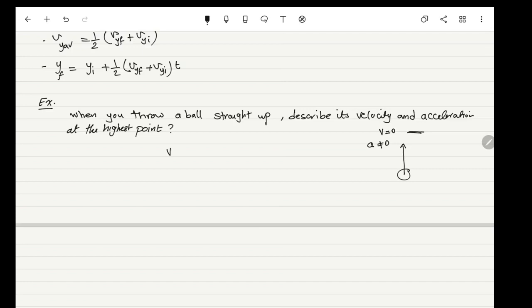So v at the maximum height equal to 0, and a in this case equal to 9.8 meters per second squared in magnitude, or a actually equal to minus 10 meters per second squared.